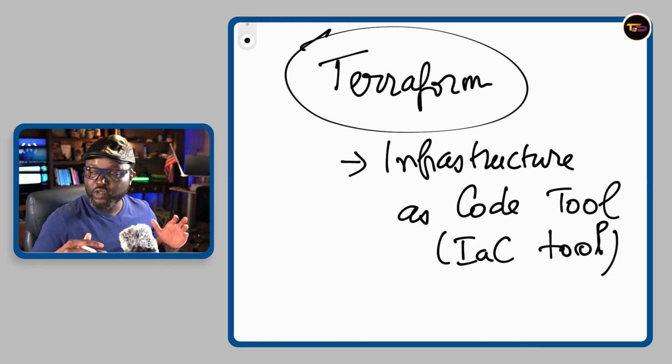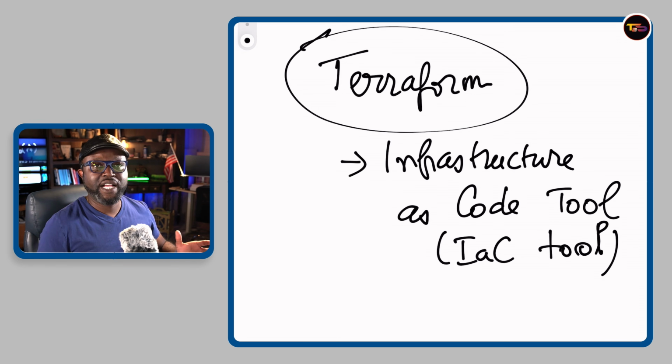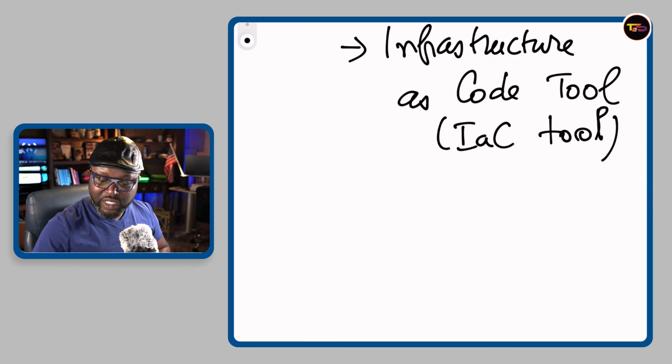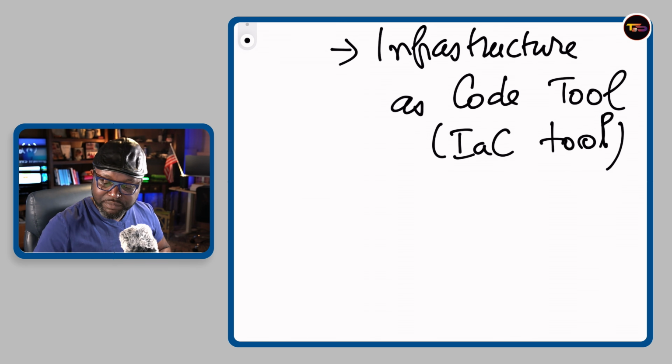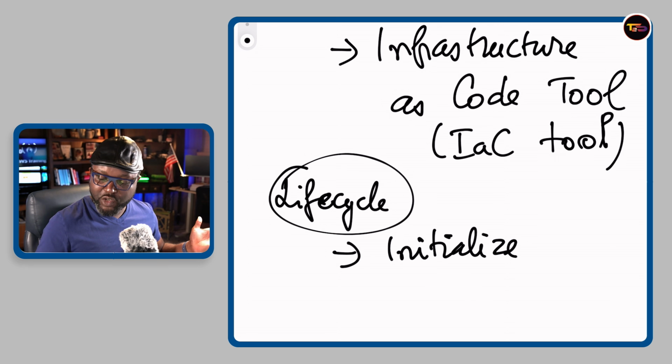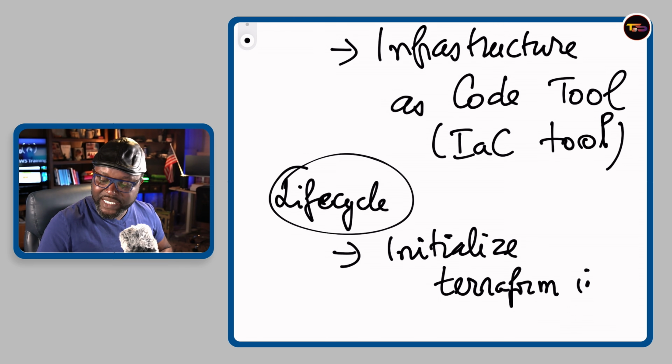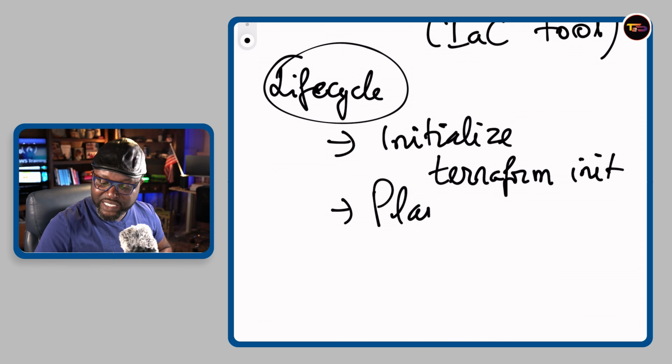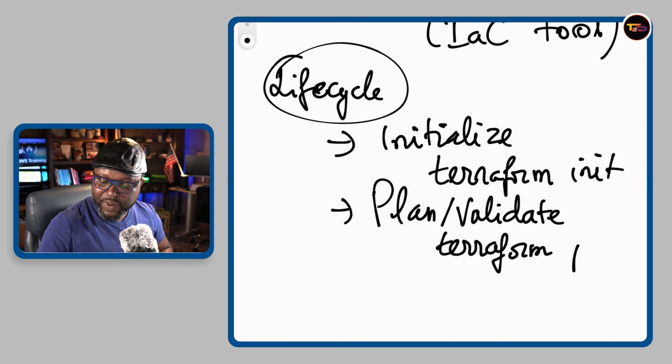So meaning that you write some configuration files, and then you use this life cycle here. You have to initialize your working directory by using terraform init, and then you have to plan and validate by using this command here, terraform plan.